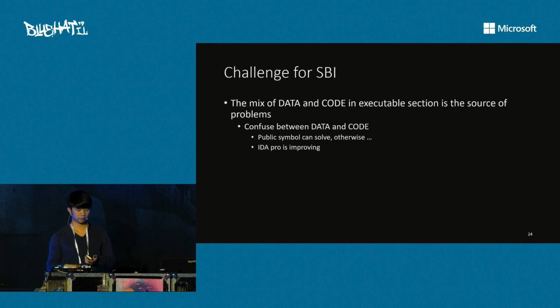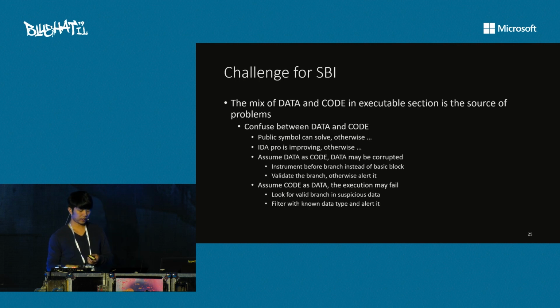Otherwise, if you don't have the public symbol, you can wait for the updated version of your IDA Pro, as I see some cases in the old version are fixed in the new version. So they are improving, but very, very slowly. And otherwise, if you don't have the public symbol and the disassembler gets something wrong, give it a try to fix the issue.